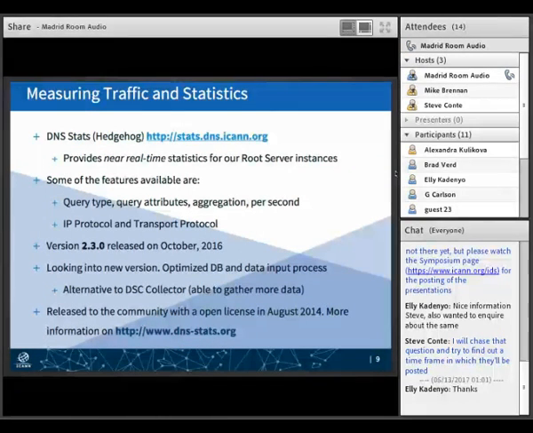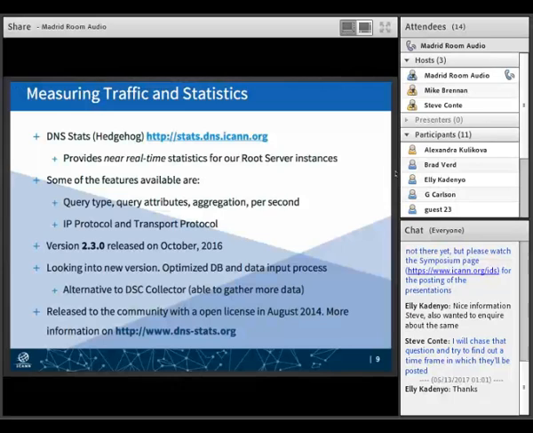Since we have a lot of servers and a lot of instances out there, we need a better way to understand what is going on. Because of that, we're using a lot of measuring traffic and statistics, with different techniques. The first one is DNSstat, software formerly known as Hedgehog, which provides near real-time statistics for the root server instances that we are managing.